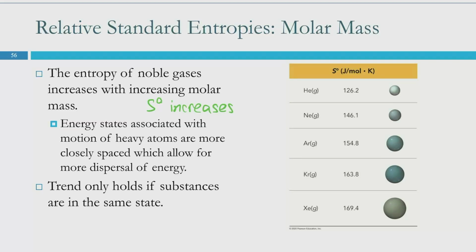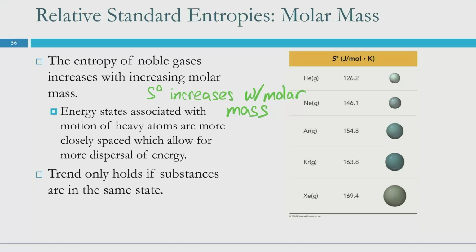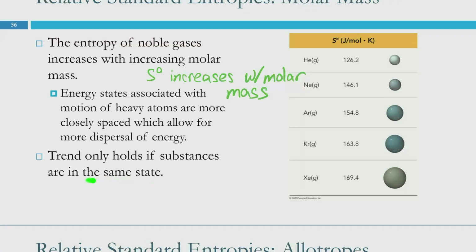So our standard molar entropy increases with molar mass. And this has to do with the energy states that they have available to them. I don't know how helpful that is for us remembering it, so I would just say bigger molar mass. You could maybe think of it also like there's just more stuff there, so there's more things that they can be doing with their electrons maybe. And this only holds true if the substances are in the same state.